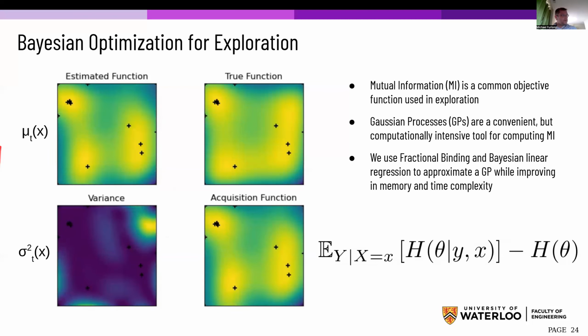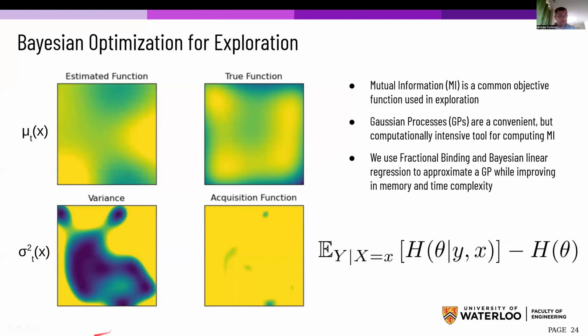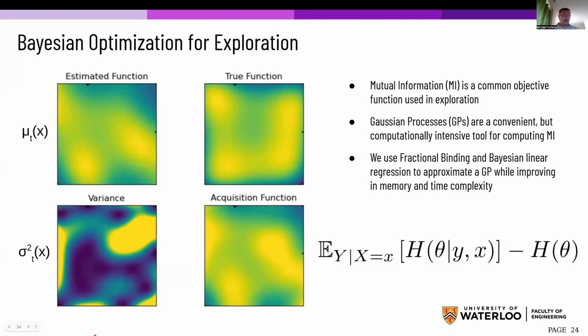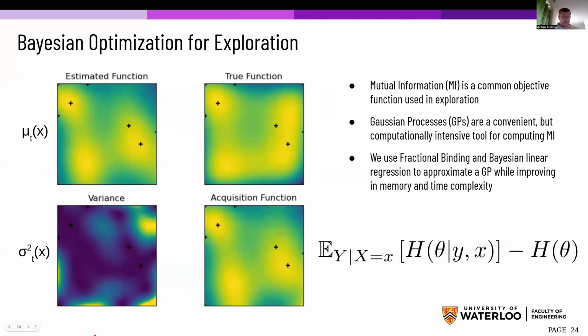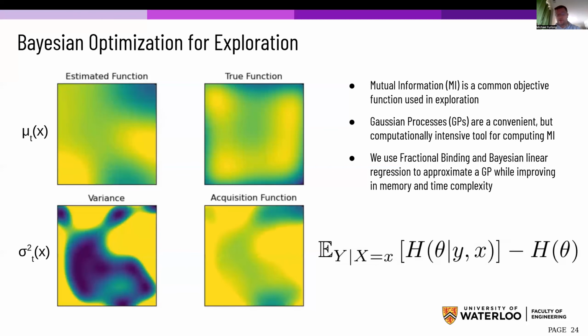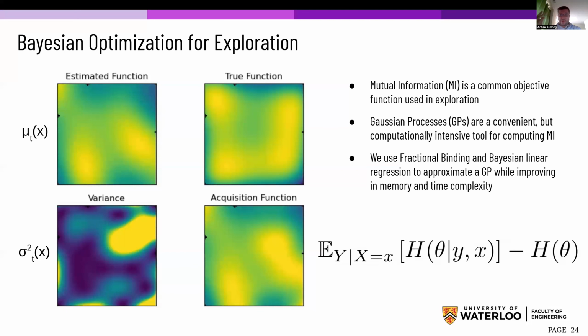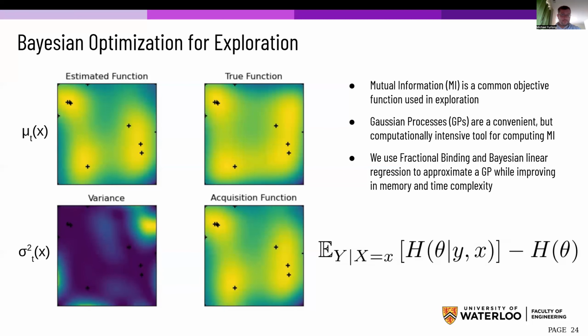The question then becomes, where do we get this mean and variance from? Gaussian processes are a convenient and commonly used tool to provide this, but they can become computationally intensive. At least for standard vanilla Gaussian processes, the complexity and memory requirements grow with the number of samples you've collected.